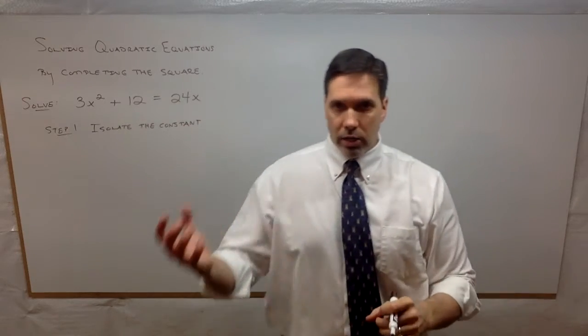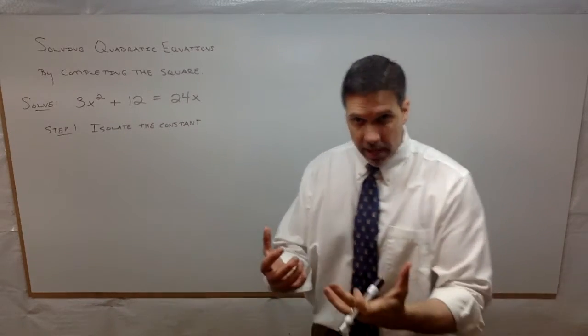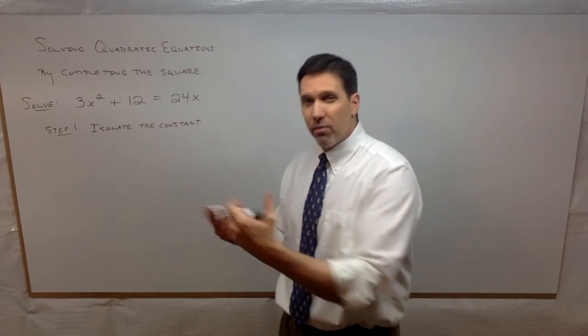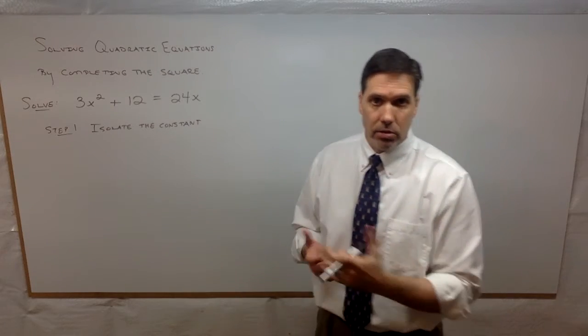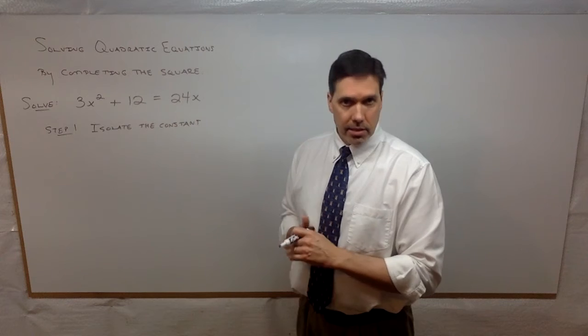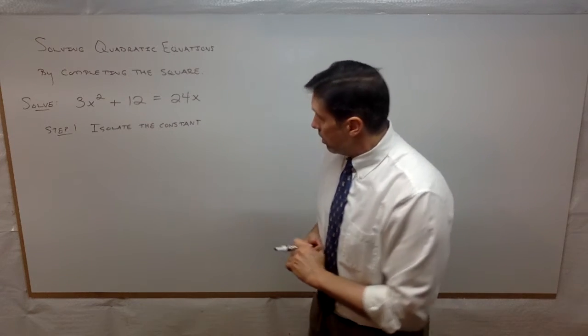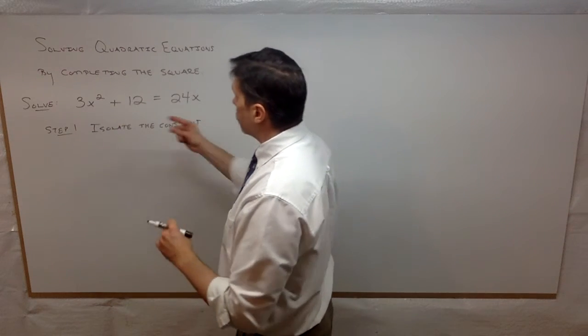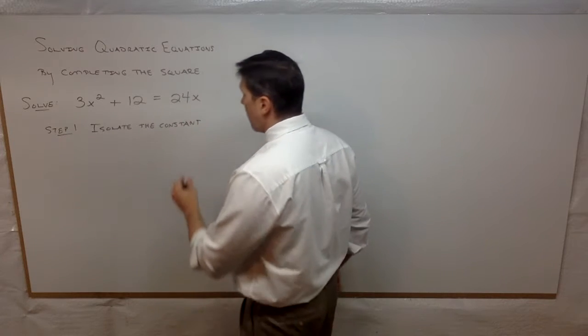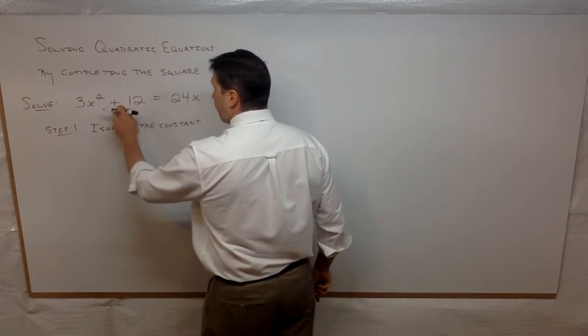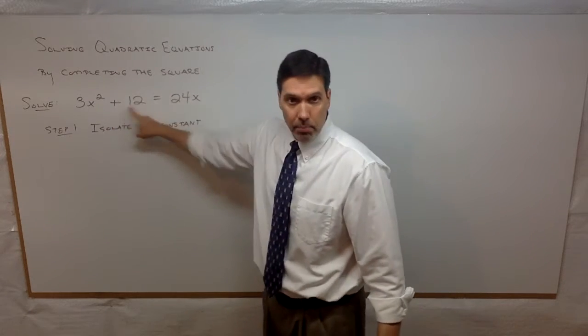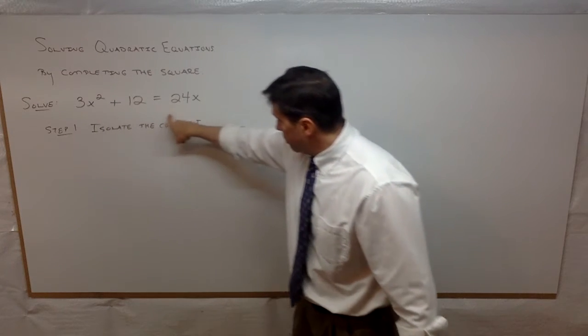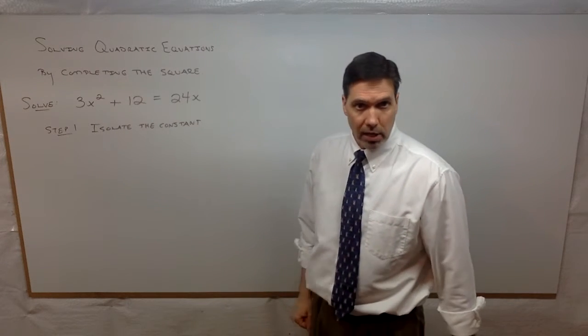You want your quadratic and your linear term together on one side of the equation, preferably the left side. That's how I'm used to seeing it. And then get the constant to the other side, to the right side. So in this particular problem, 3x squared plus 12 equals 24x. I need to move this 24x to the left side by subtracting it. And I'm going to move this 12 to the right side also by subtracting it.